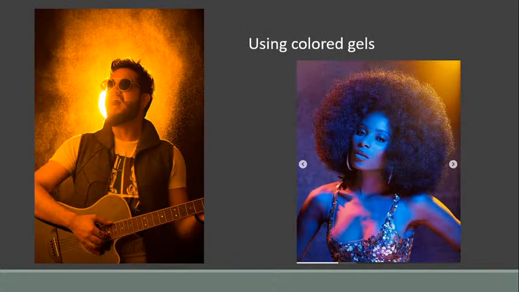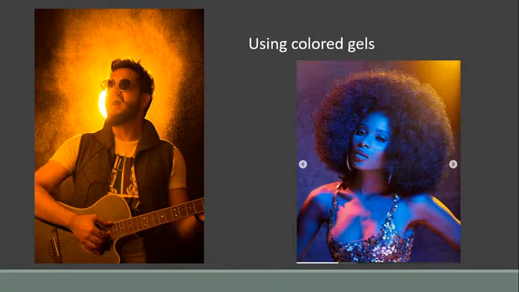And then there is another beautiful way to create colors using flashes, using colored gels, or you can use cellophane paper to get a similar effect. You can use any kind of light source, like a mobile torch or anything, put a cellophane paper in front of it to get a certain color, and just use it to click this picture.